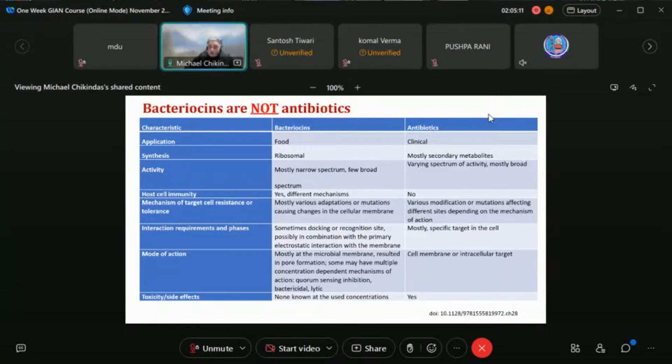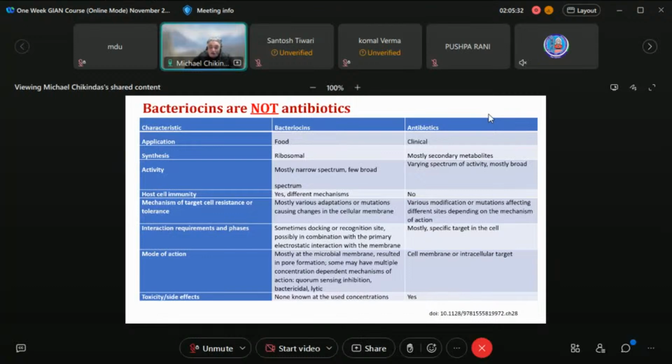Interactions required, we say here sometimes docking, from the recognition side. And I think these kinds of docking sites, my personal feeling, exist for all bacteriocins. Again, we have to discover them. And for antibiotics, there are specific targets in the cell.